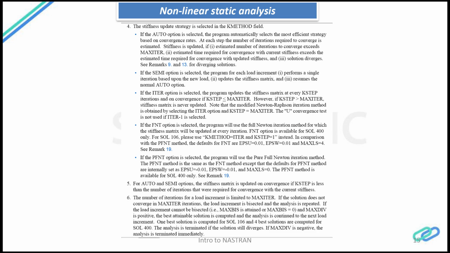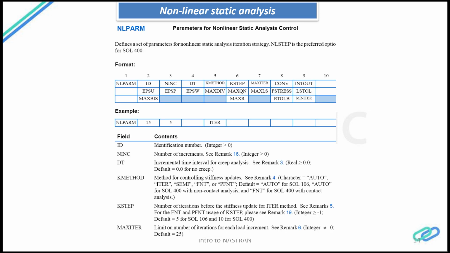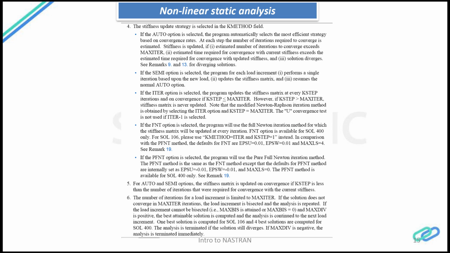One important thing that we need to watch over here is the method we select for the nonlinear run, whether it is the SEMI method or AUTO method. That depends. The AUTO option is the most efficient one, and next to the AUTO option we have ITER.